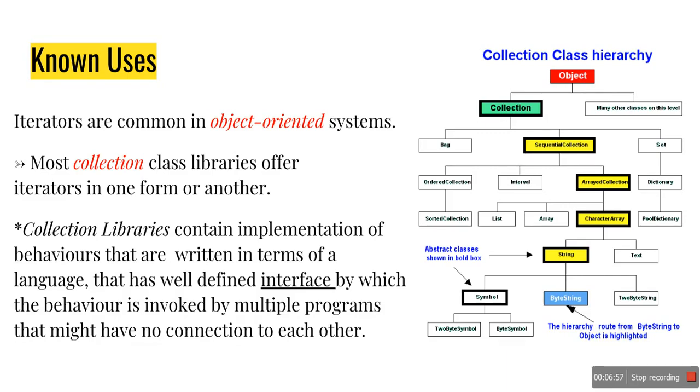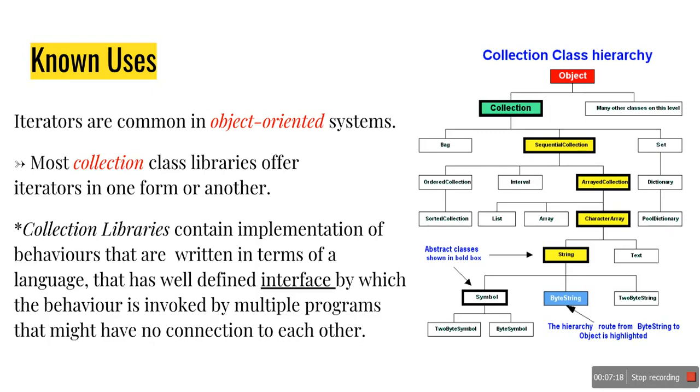Just to give you a better understanding of what we're talking about, a collection library, for example, is simply an implementation of behaviors that are written in terms of a language that has a well-defined interface by which the behavior is invoked by multiple programs that might have no connection to each other.